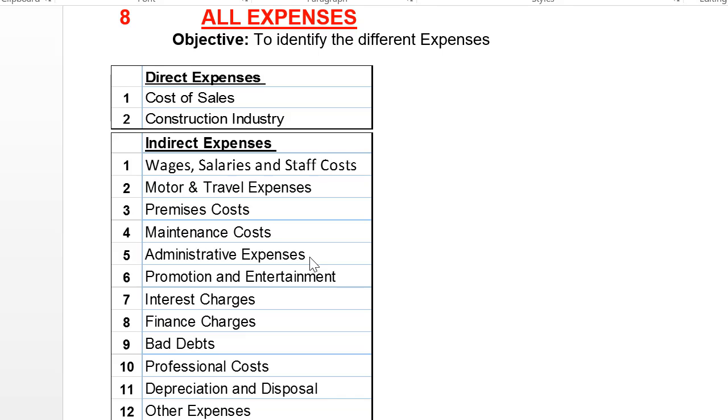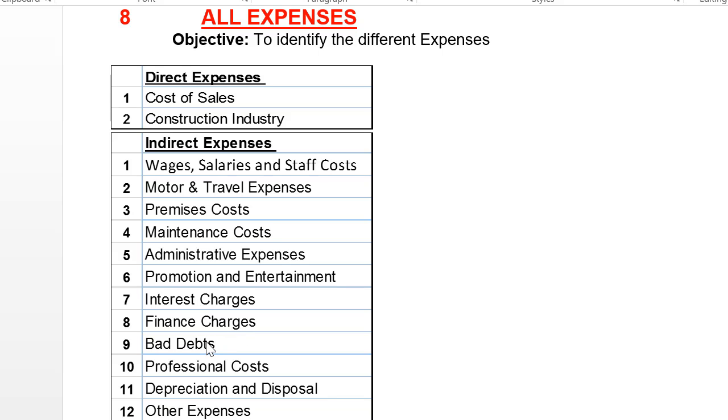Then we have promotion and entertainment to do with advertisement, interest charges by banks and institutions we have borrowed money from. There's a small differentiation between interest and finance charges. Now, interest is on borrowed money, and then finance charges is like bank charges, fees charged by the bank for maintaining the bank account.